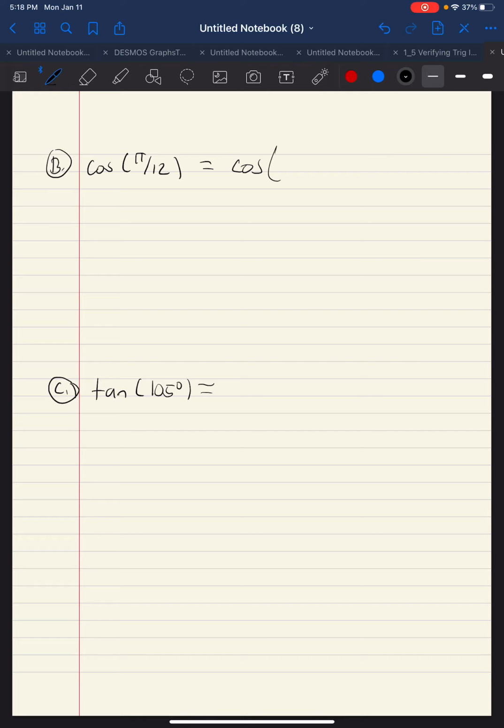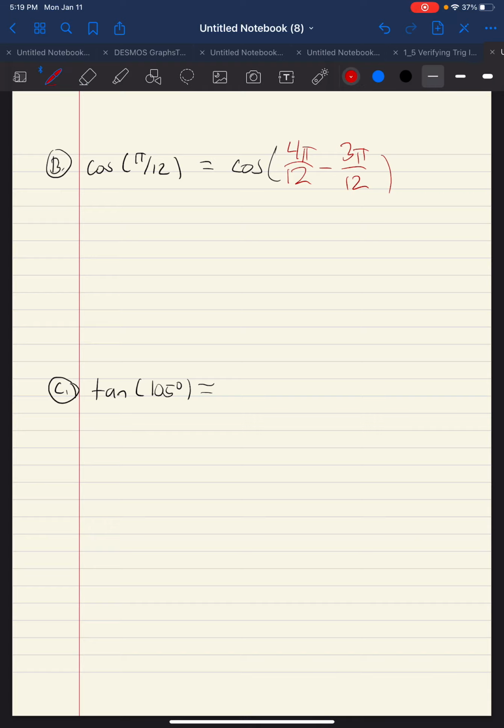But then we're going to find values that we can solve using the unit circle, or our knowledge of the unit circle. You could have used this, or you could have used something else like 3 pi over 12 minus 2 pi over 12, but we'll just stick with this one, okay?